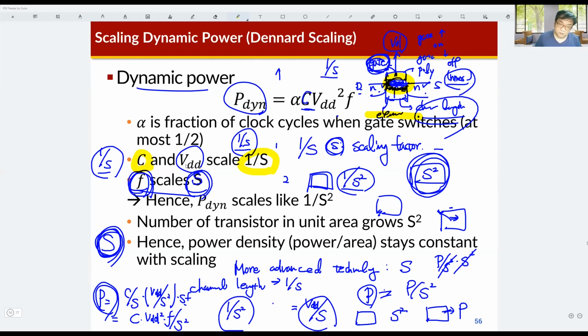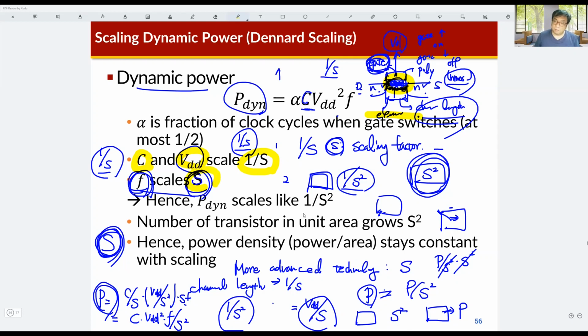Also, we can reduce the VDD by 1/S. And I also mentioned that we can increase the frequency, because the channel width is reduced, so the electron moves faster to the other side of the transistor.